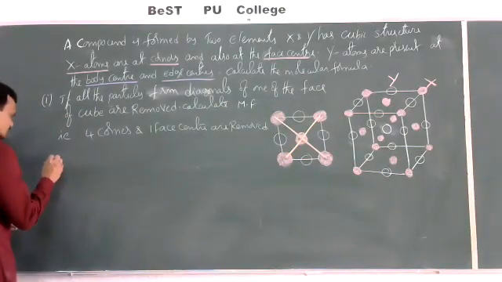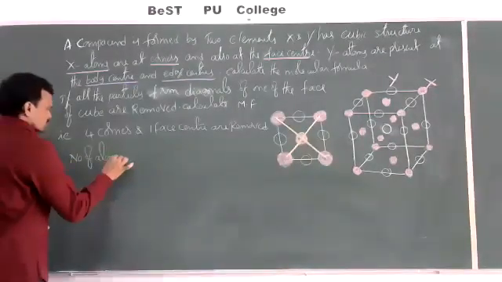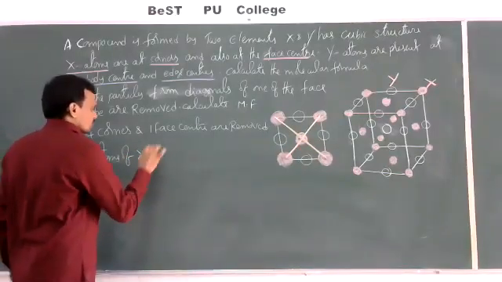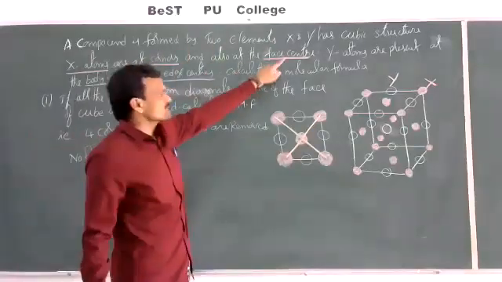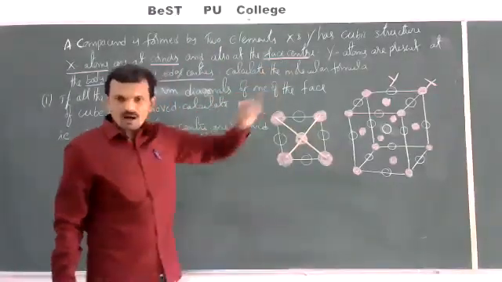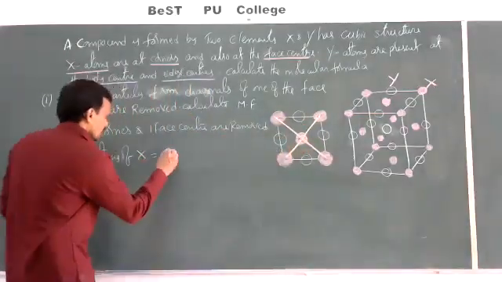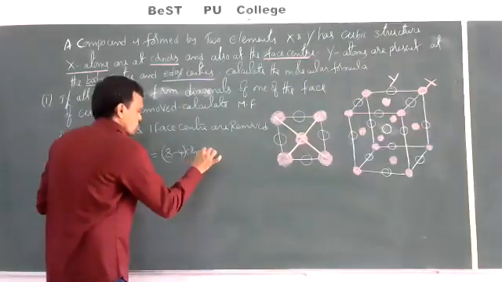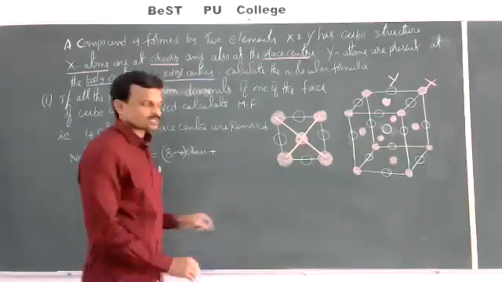Therefore, the number of atoms of X is equal to, what is the location of atoms? 8 corners and 6 face centers. Out of 8 corners, 4 corners are removed. Remaining is 8 minus 4 corners. Plus, out of 6 face centers, 1 face center is removed.